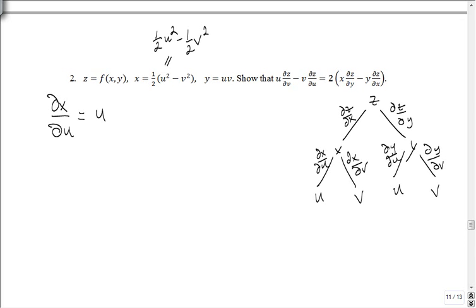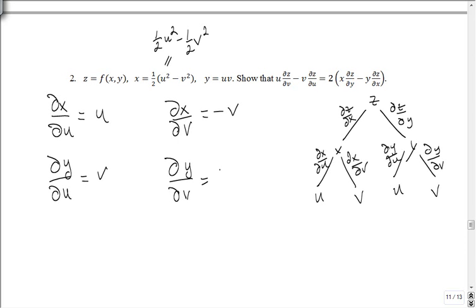U, right? And then right away, can somebody give me partial x with respect to v? Minus v. Good. Now, why don't you give me partial y with respect to u? V. And partial y with respect to v is u. Okay, I think we have it.